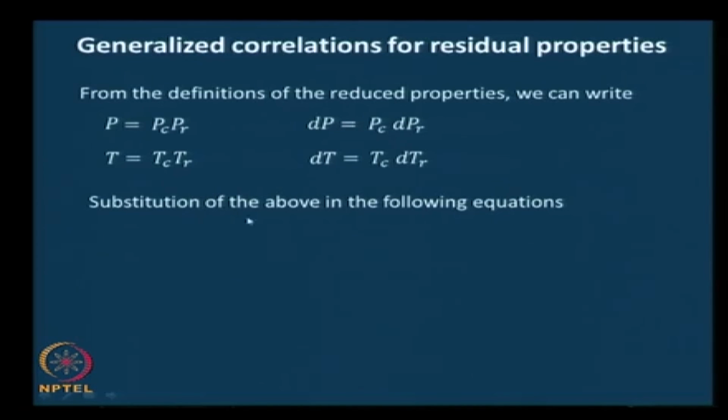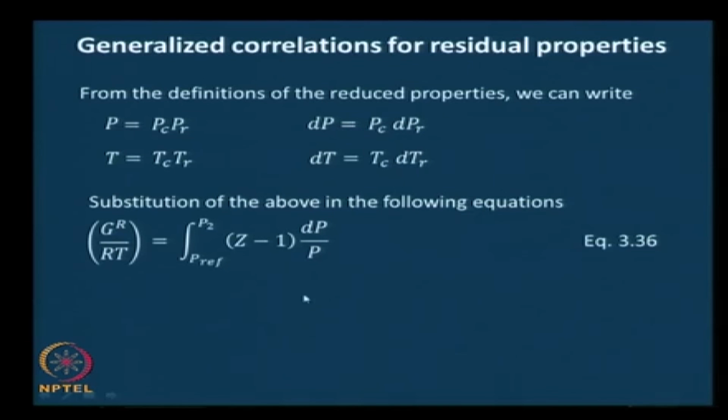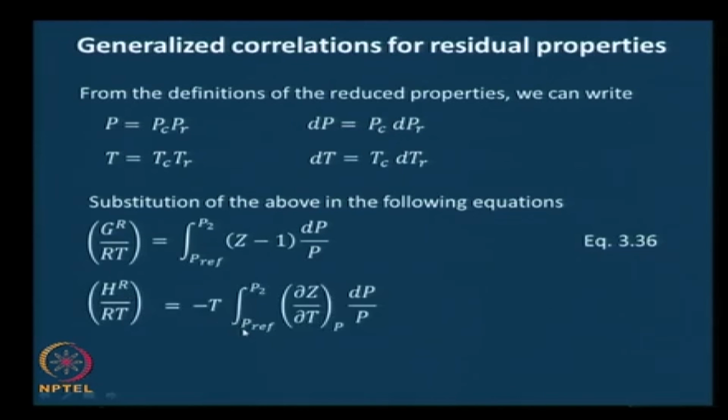Now, if we substitute the above in the following equations, these were the equations that we obtained earlier. GR by RT equals the integral of P reference to P2 of Z minus 1 by P dP. This was equation 336 earlier. HR by RT was equal to minus T into the integral of P reference to P2 of dou Z dou T at constant P dP.